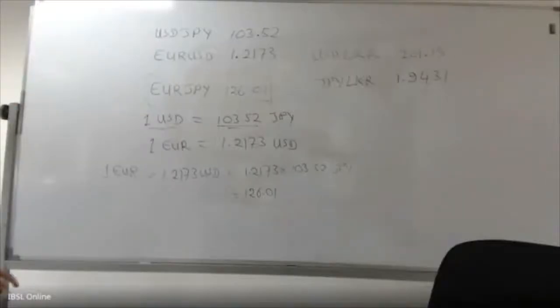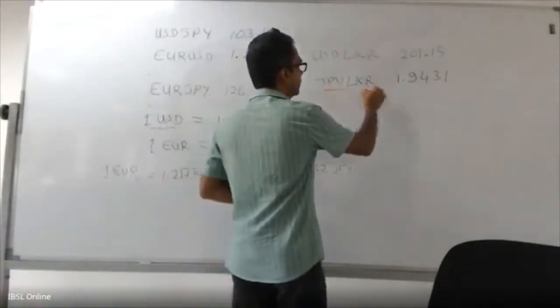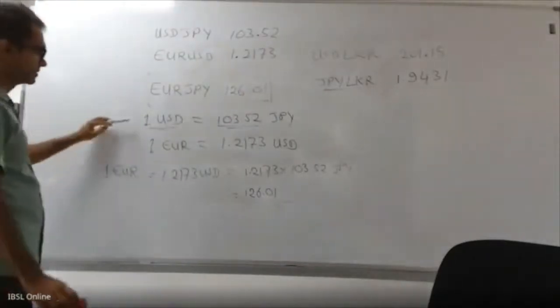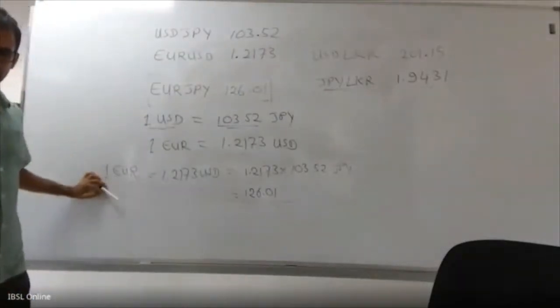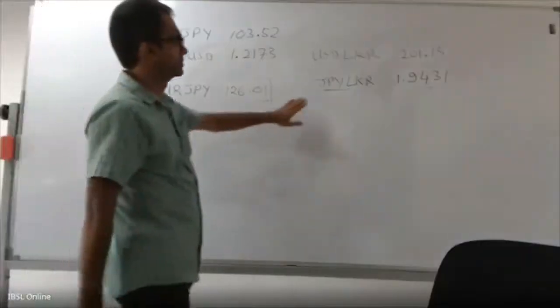Now the other one, JPY LKR. How do you get this one? May I delete this? Okay, sir. How do you get this one?